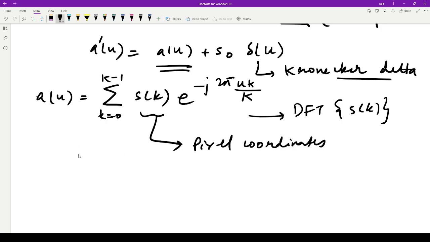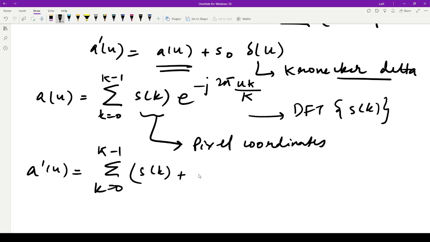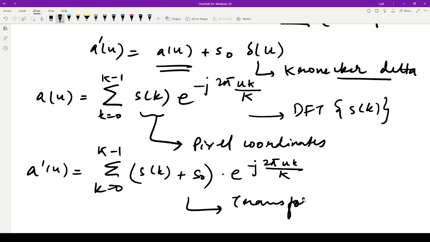So if you translate it by s naught, your new transformation should directly add up, in the sense that you add s(k) plus s naught, times e to the power minus j 2 pi u k upon K. This is your transformation after s naught is added.